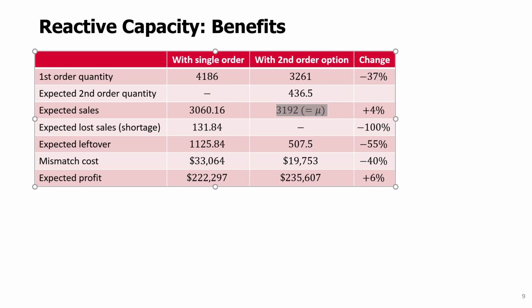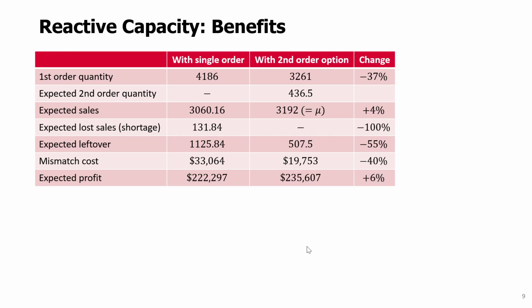We will satisfy all the demand. We will have no lost sales, so expected lost sales becomes zero. Expected leftover is lower, also by about 55%. But what is most important is that mismatch cost has decreased by around 40%. Or if you like, we can look at the profit, and expected profit has just increased by about 6%.